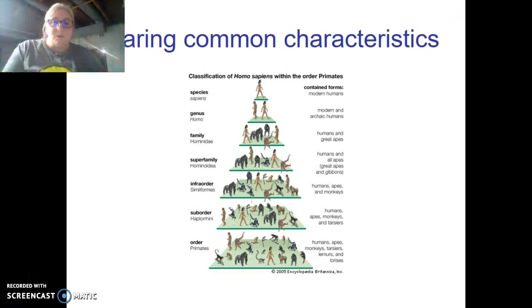From there, we move to the family Hominidae, which is getting more and more specific in what characteristics we have. From there, we move to Homo, which is organisms like Homo erectus, Homo habilis, and of course, humans, or modern humans, I should say, which are Homo sapiens.